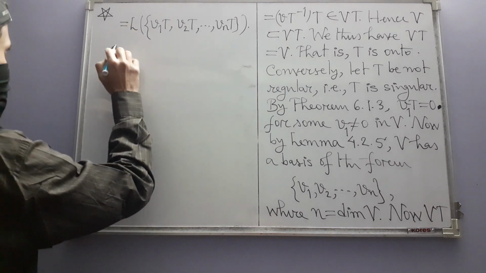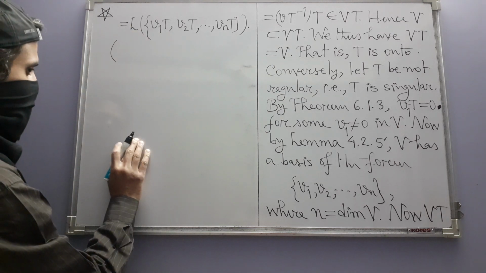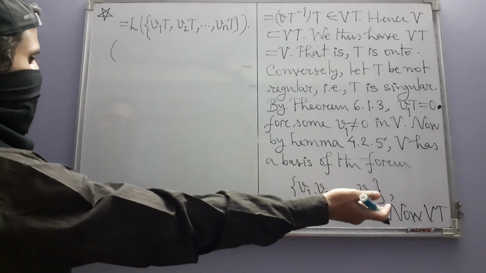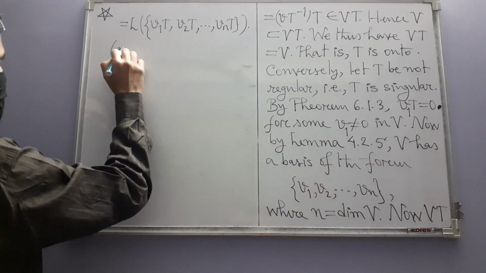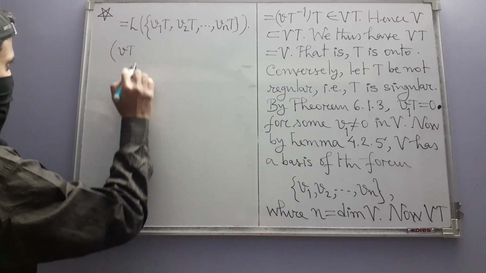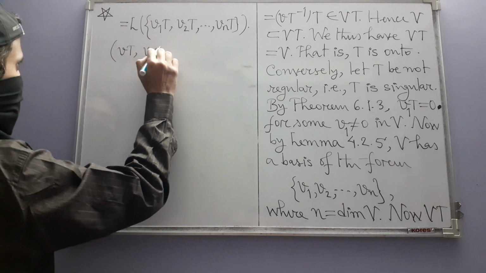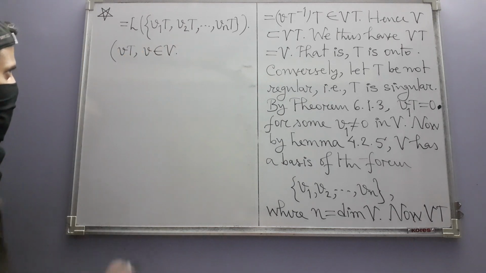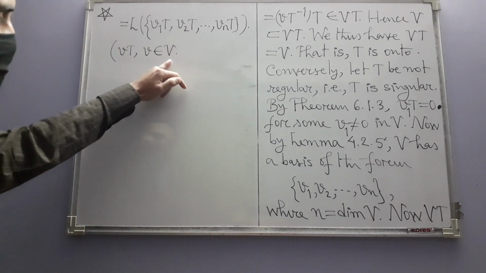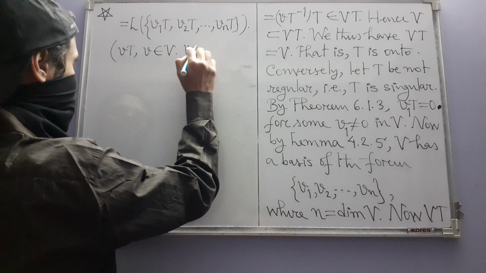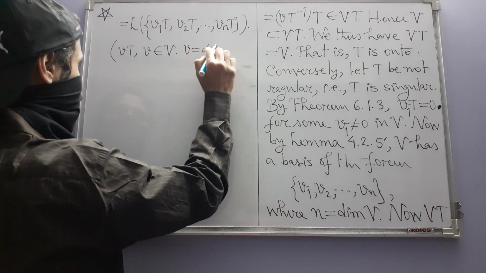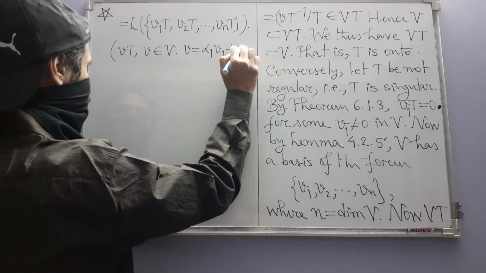Let's see why this is true. You take any element in Vt, how will it look? It will be of the form Vt, where V belongs to V. Now because V belongs to V and this is the basis for V, V will be a linear combination of these basis vectors.